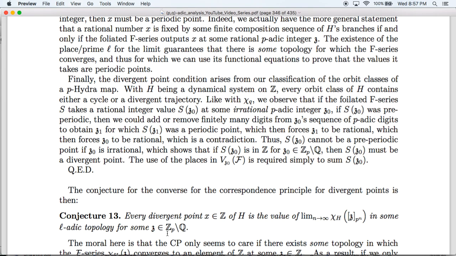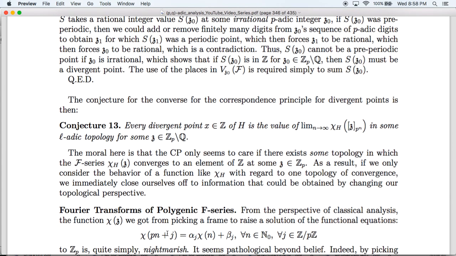Are x1 and x2 necessarily the same integer, or could they be different? In which case, what that would then mean is you could have an irrational p-adic integer z such that the value of the Newman at z varied depending on which topology you picked.